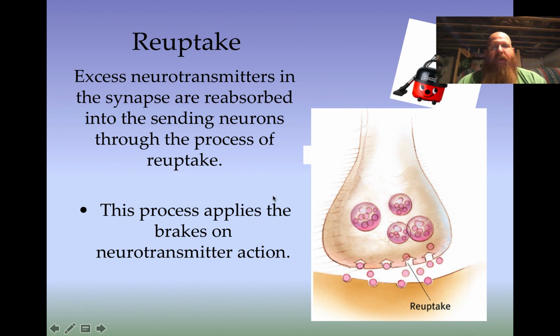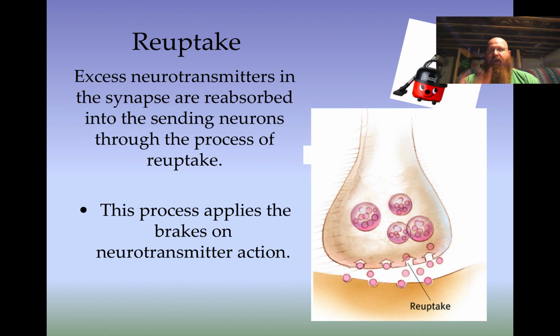I do want to talk about reuptake. I had mentioned it. Excess neurotransmitters in the synapse are reabsorbed into the sending neurons through a process of reuptake. Once this fires, reuptake keeps it from refiring and refiring.